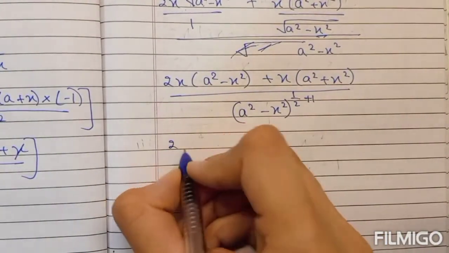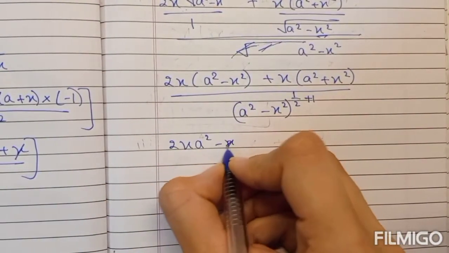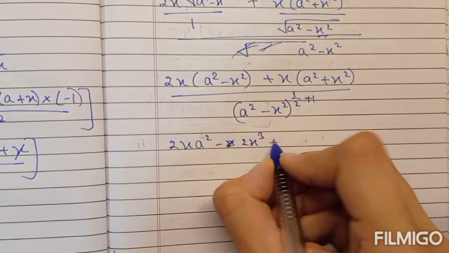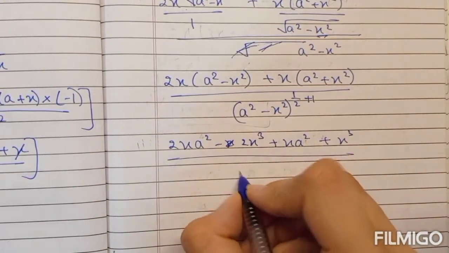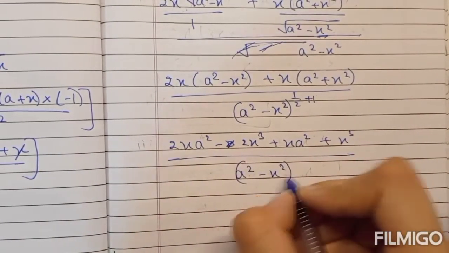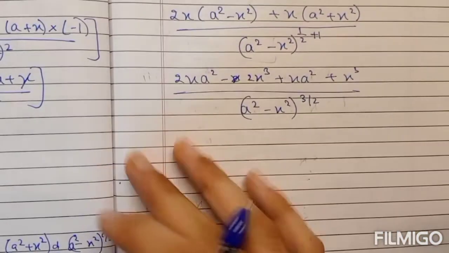Then we have 2xa² minus 2x³ plus xa² plus x³ upon (a² minus x²) raised to 3/2.